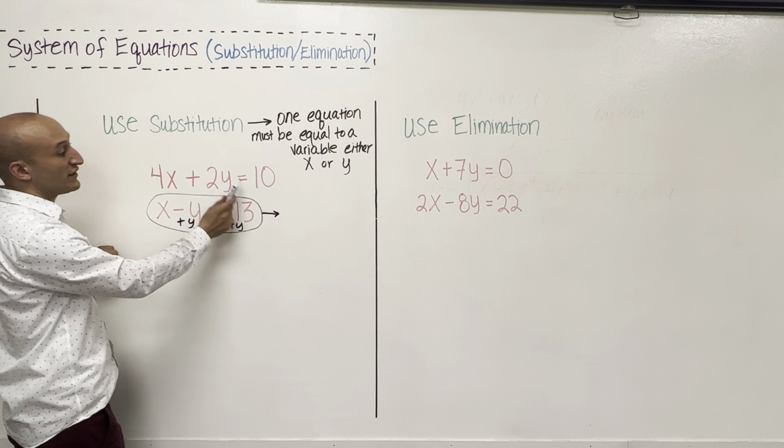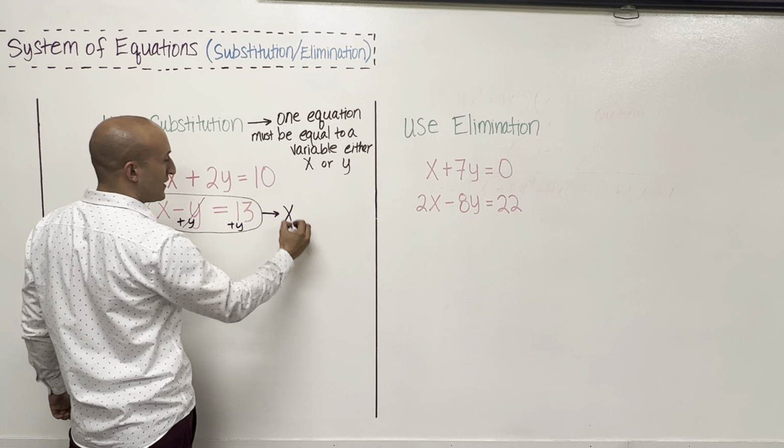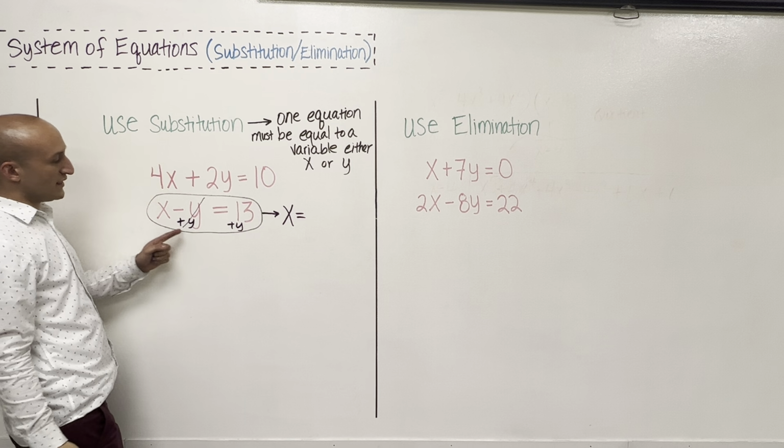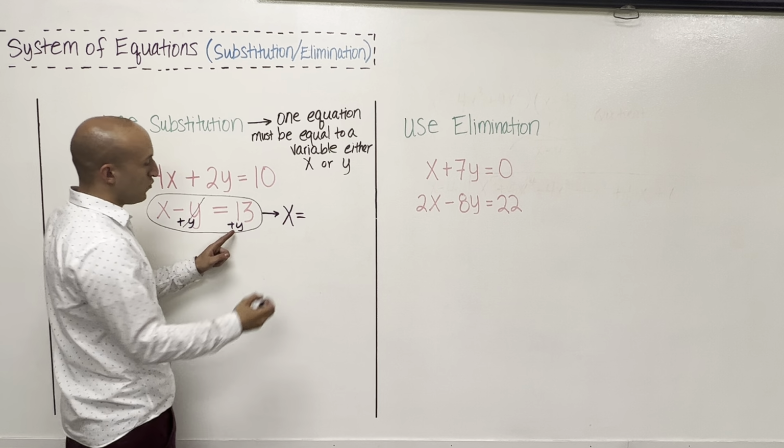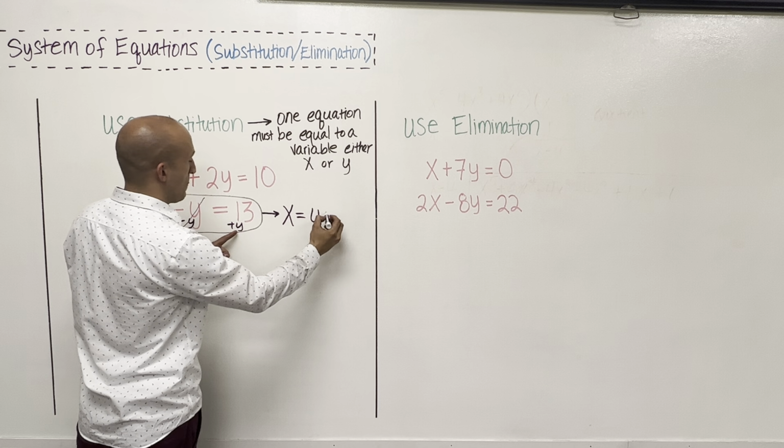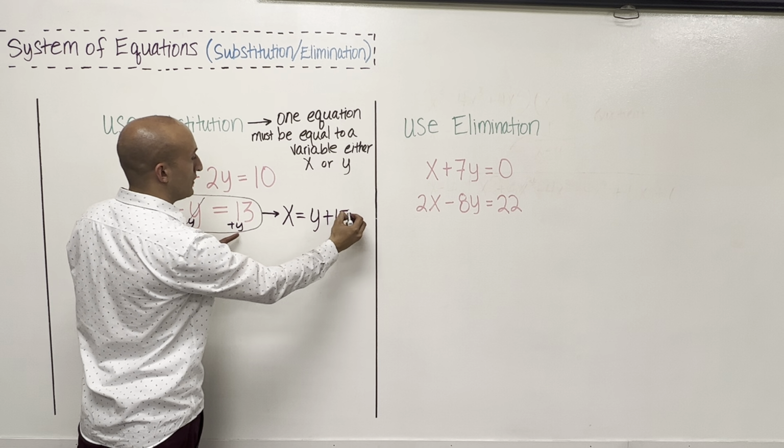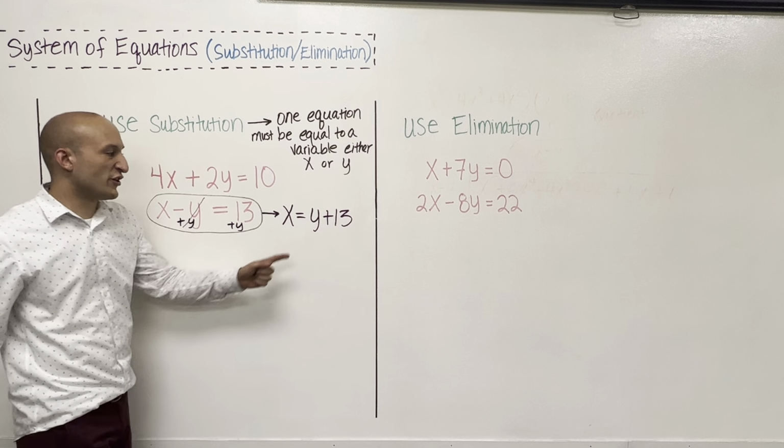Because I want to move it to the other side of the equation, so I need this to be 0. Okay, so I'm left with x equals y plus 13, or you could write 13 plus y, it's the same thing.